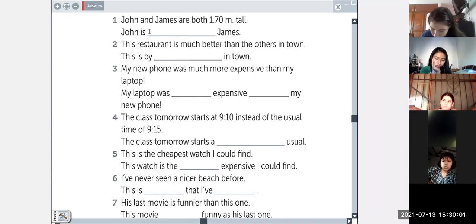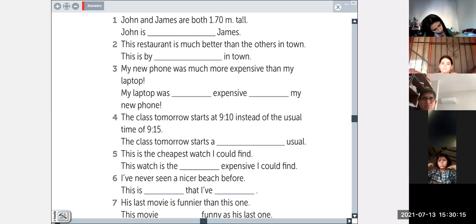Okay. So just is the same tall as James. No, no necesitamos utilizar the same. Solamente necesitamos utilizar as. An adjective, an as. ¿Cuál sería el adjetivo en esta oración que debemos utilizar? Tall. Tall, right? Very good. John is tall as James. One more time.